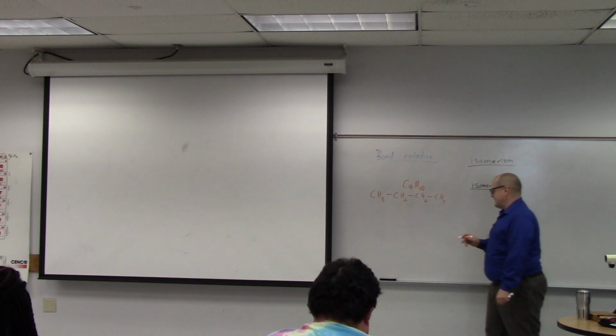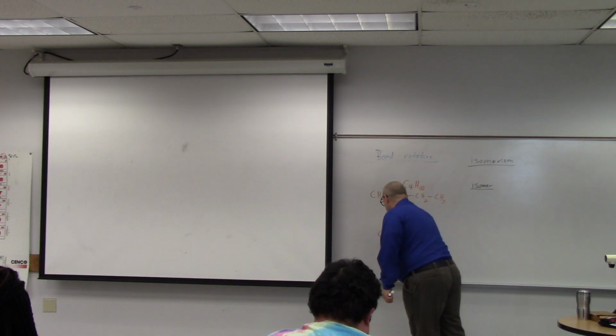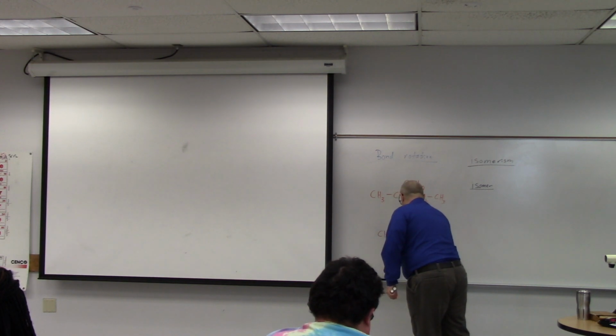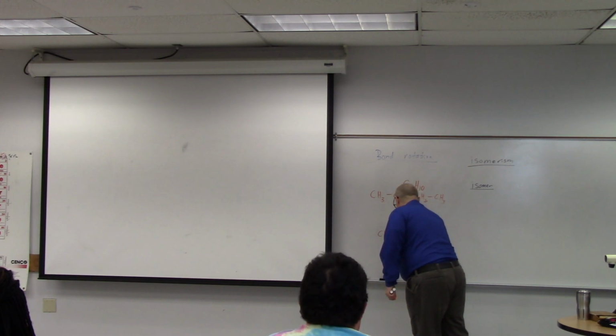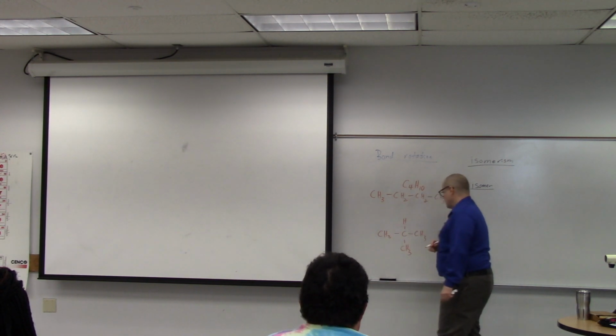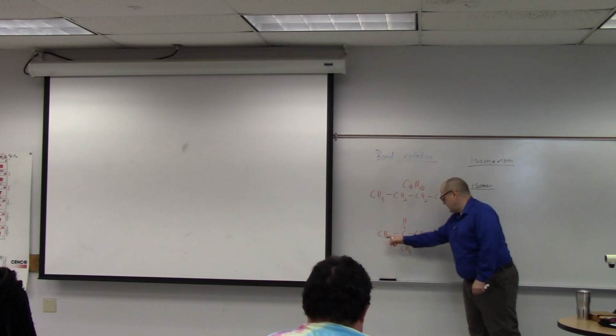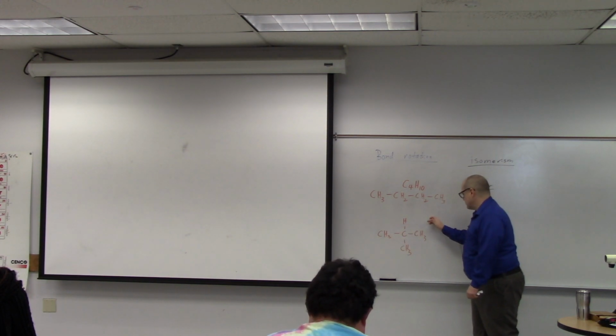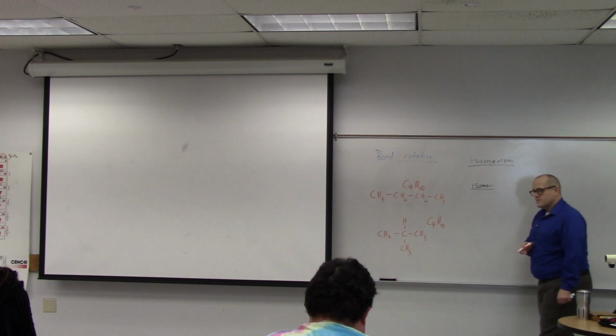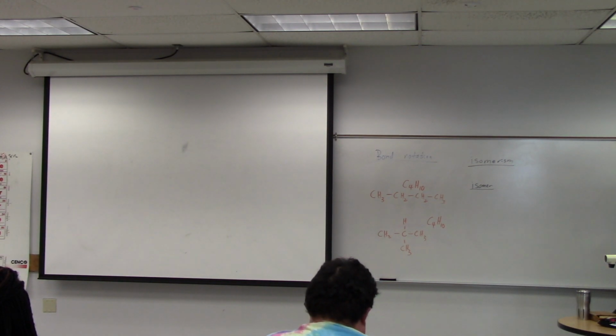I could also draw this. That has 1, 2, 3, 4 carbons, and 3, 6, 9, 10 hydrogens. Wait a minute now. It's got the same molecular formula, doesn't it?